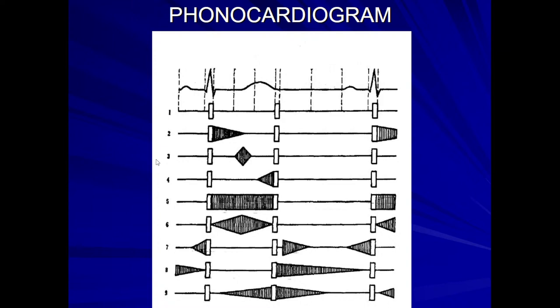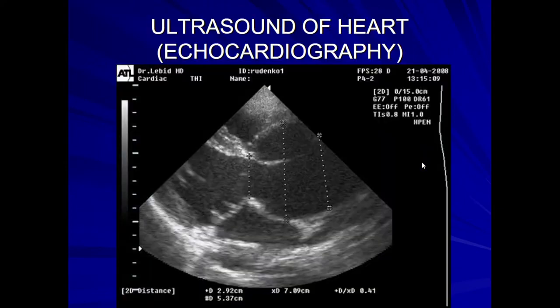It's according to different pathology and problems with the structure of the heart and great vessels. Ultrasound of the heart, echocardiography, we can see especially the heart's cavities and valves.